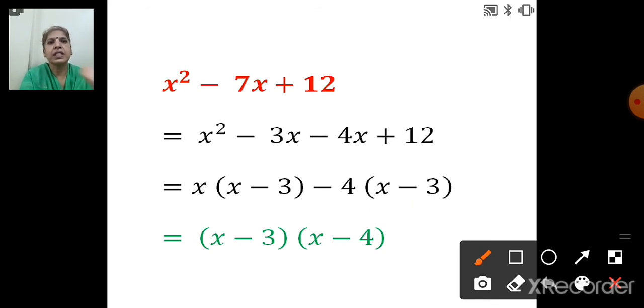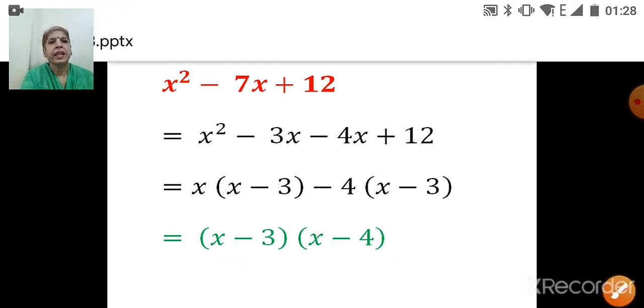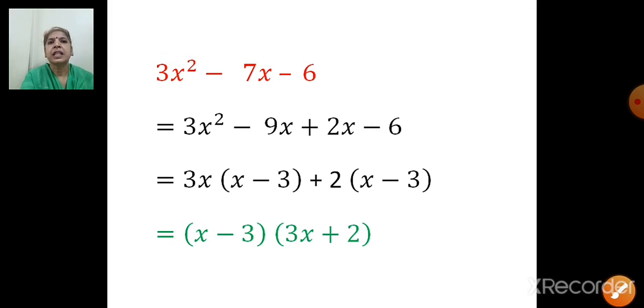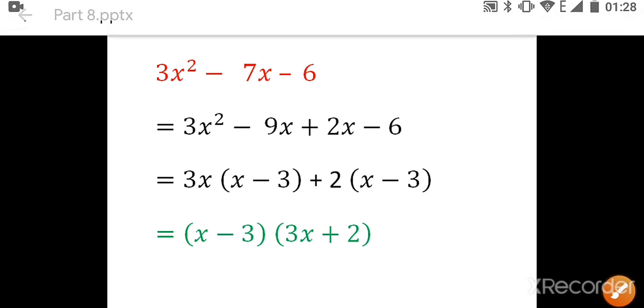So x minus 3 full bracket is common. Now the uncommon factor we write here in the bracket, x minus 4. So the factors are x minus 3 the whole bracket multiplied by x minus 4. Now the next one is 3x square minus 7x minus 6.